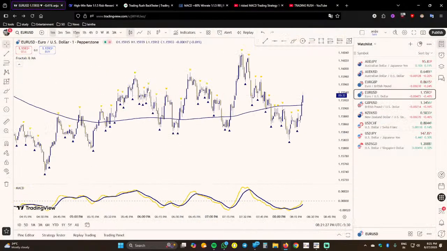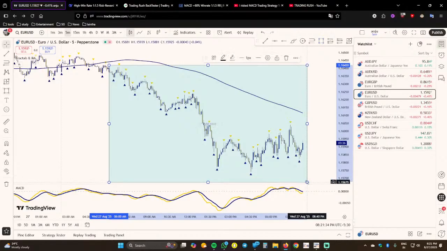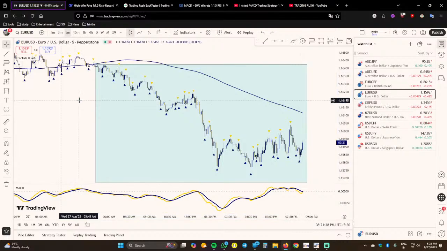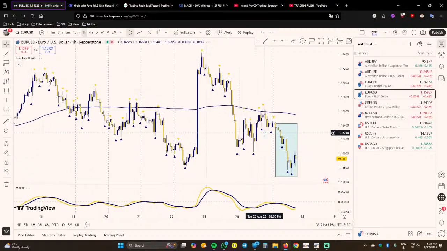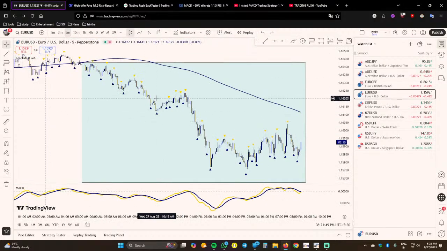So what he means is, suppose we're taking trades on the 5-minute time frame. This period was all below the 200 moving average on the 5-minute time frame. We also have to make sure on the 1 hour time frame it is below the moving average, which it is. So all the short trades which we take on this time frame are valid trades. That's all he means. So we got one signal. No, we did not get any signal.